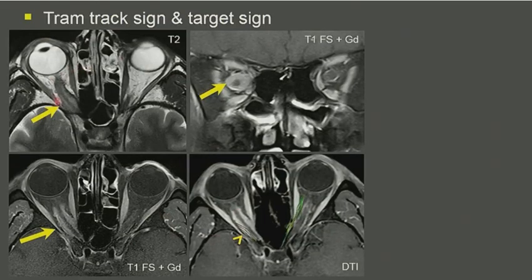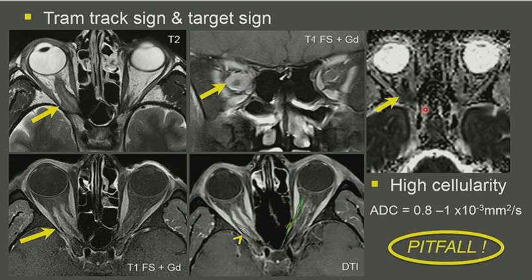Characteristic findings are the tram track sign that you see on T2. On T1, there is encasement of the optic nerve. You see on this DTI image how all the fibers are atrophic due to the meningioma, and on coronal images you have the target sign.